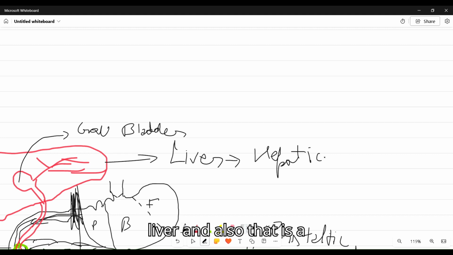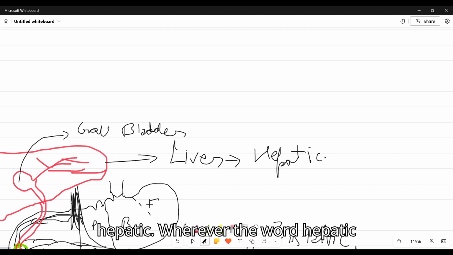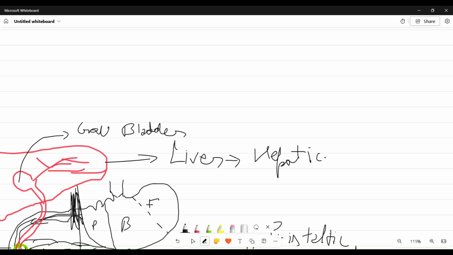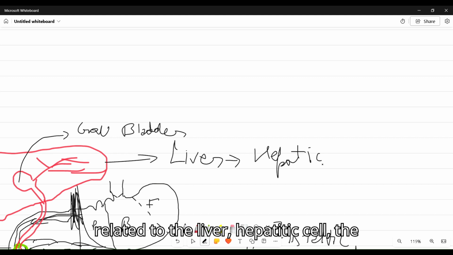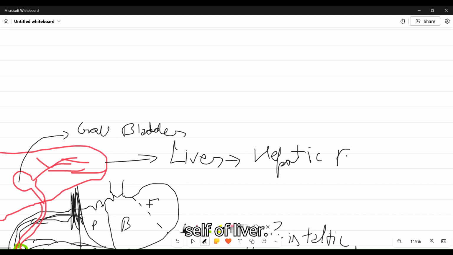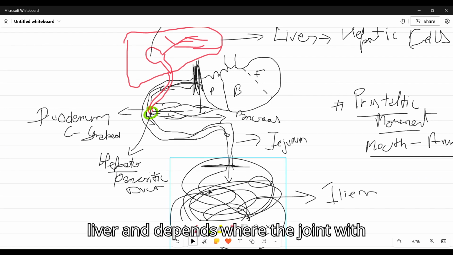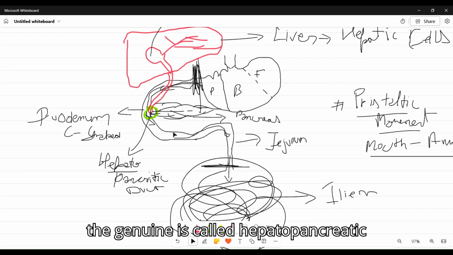Wherever the word hepatic, hepatitis, anything which has hepa, we can straight up write it is related to the liver. So this place where the liver and the pancreas join the duodenum is called the hepatopancreatic duct.